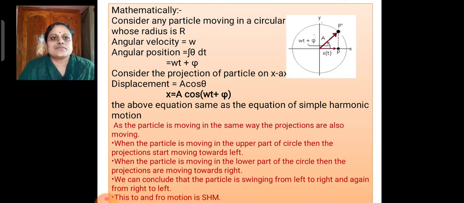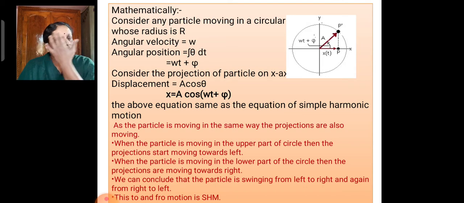Mathematically, let us consider a particle which is rotating along the circumference of a circle. In the figure, let P dash be the present position of the particle. Let us assume that this particle is moving in a circular path which has a radius capital R with an angular velocity omega.